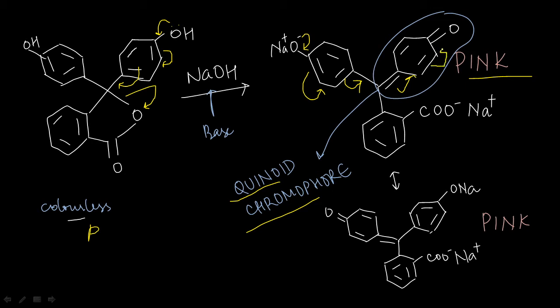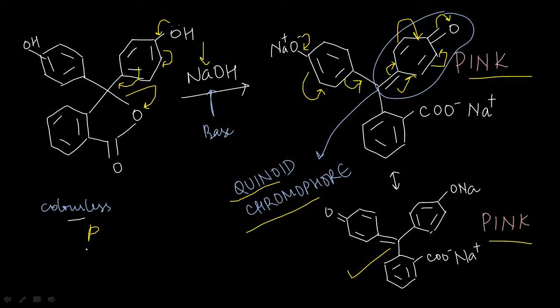It can happen like this, or either way actually. Okay, let's just go there because that will make more sense with the diagram. So we have this structure in the bottom. Okay, so these are pink in color, both of them, and we have a sodium salt because of NaOH.